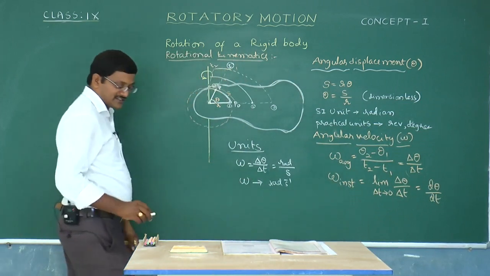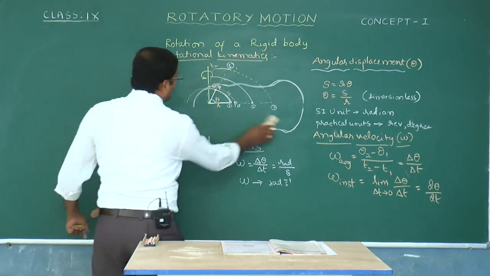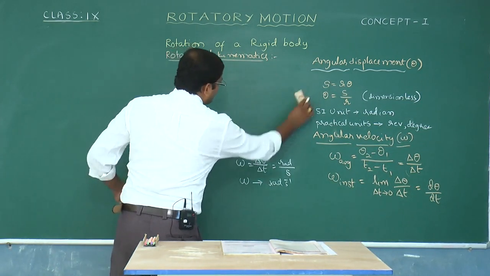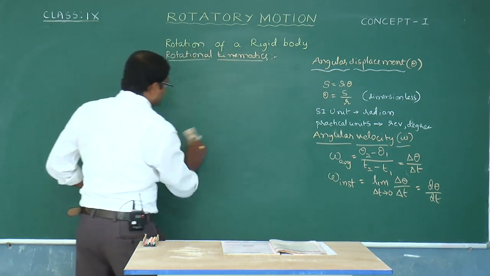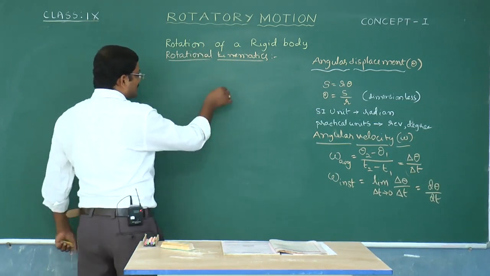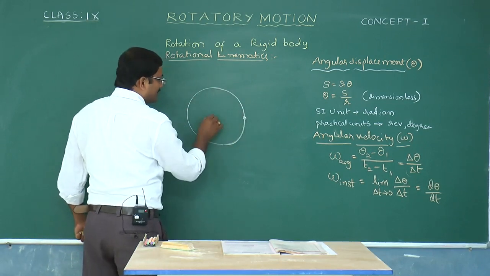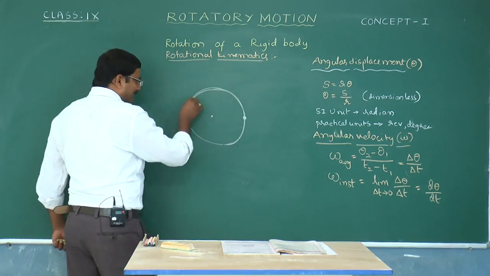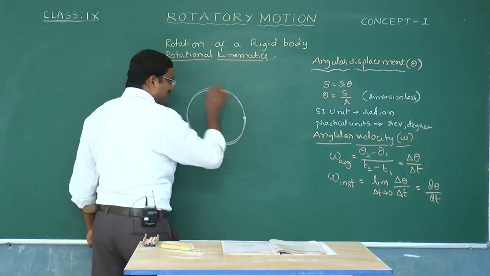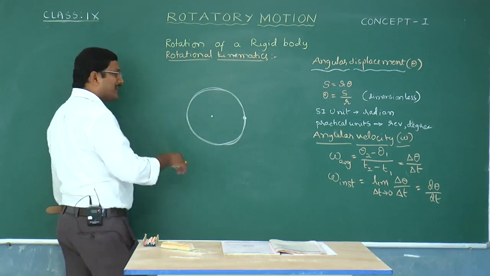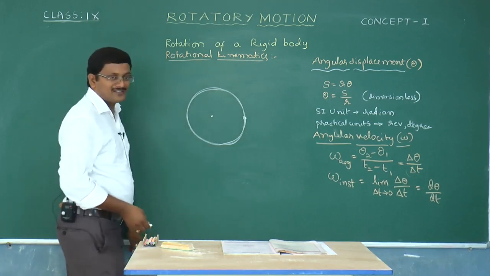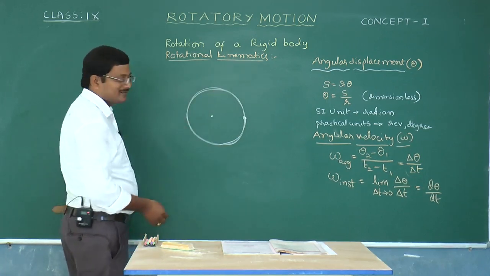For example, if a body is rotating completely once, take this circular path and this particle, initially here, and it completes its rotation like this. For one rotation, what would be the angular displacement?